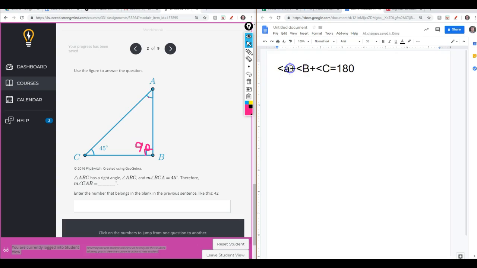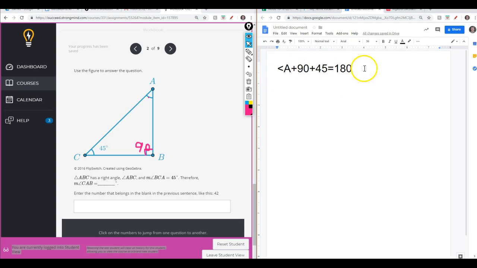We do know that we don't know what angle A is, so that stays the same. We know that angle B is 90 since it's a right angle, and we know that angle C is 45 degrees.